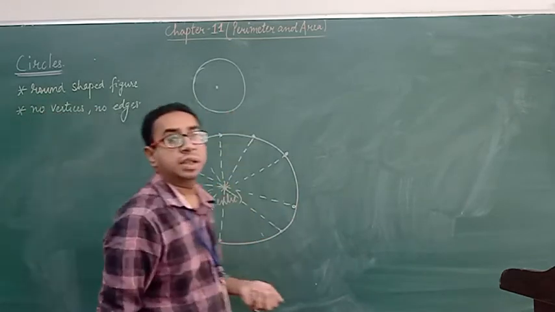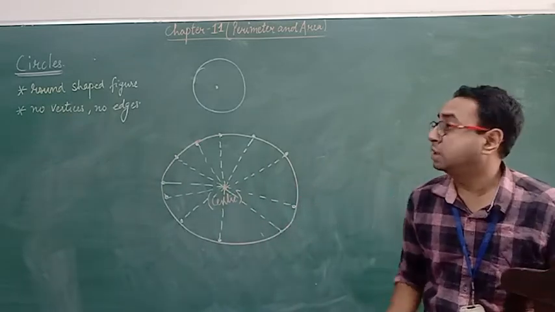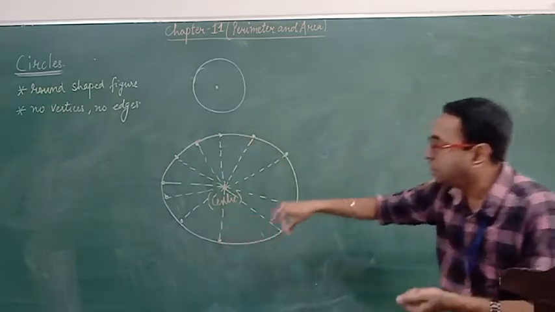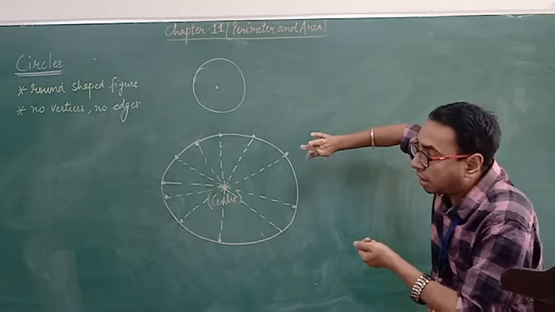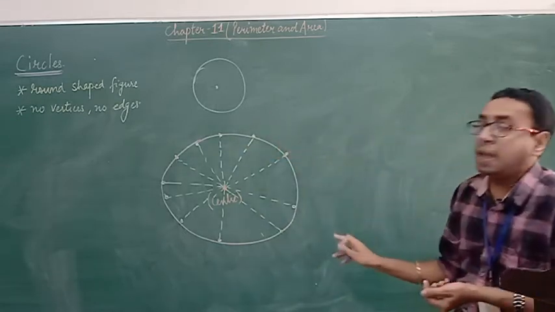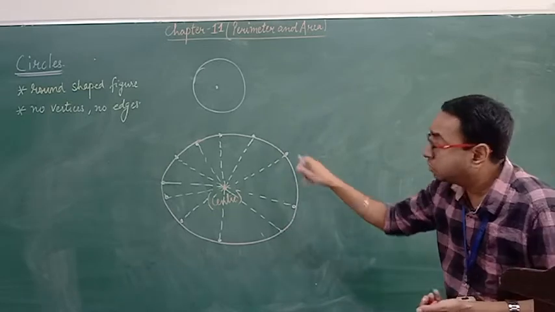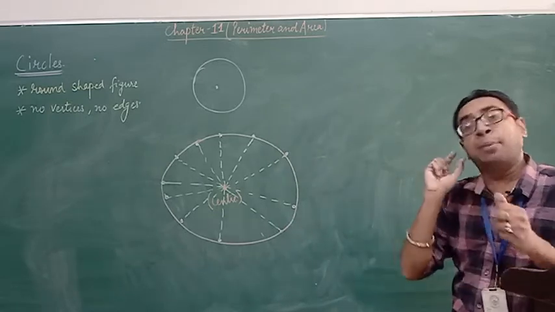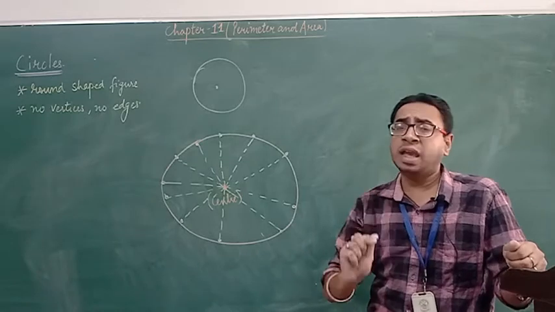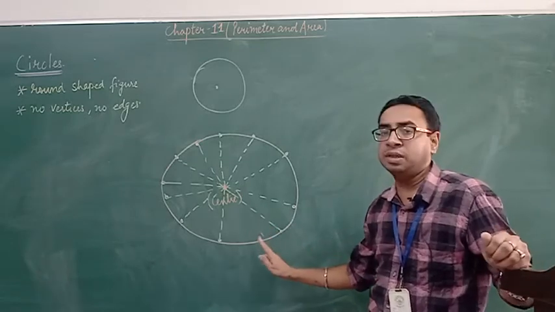I got a circle. It may not look perfect, but this shape is a circle, a round shape, because if I take the measurements properly with the scale and everything, it would have been a circle.